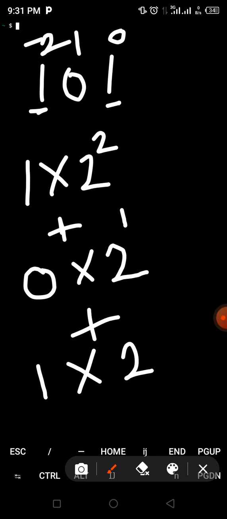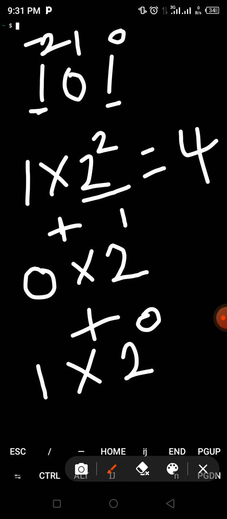At the end, this gives us 1 times 2 raised to the power of 2. 2 times 2 is 4, times 1 is still 4. Then 2 raised to the power of 1 is 2, and 2 times 0 is still 0. Then the last one, 2 raised to the power of 0.